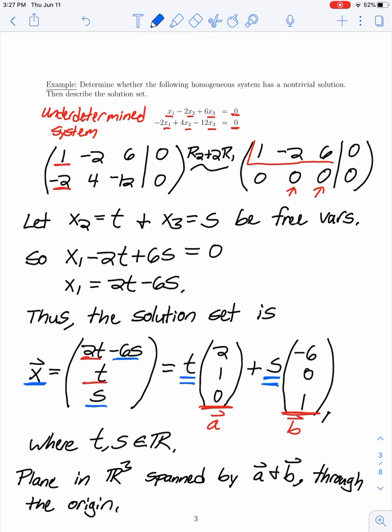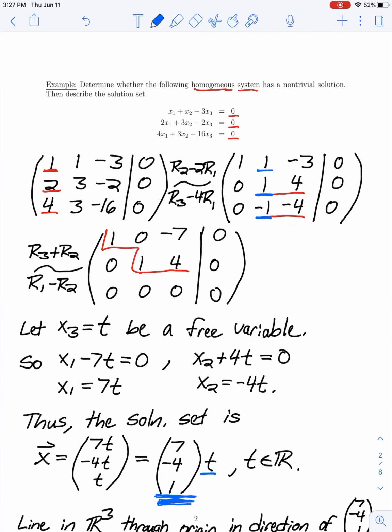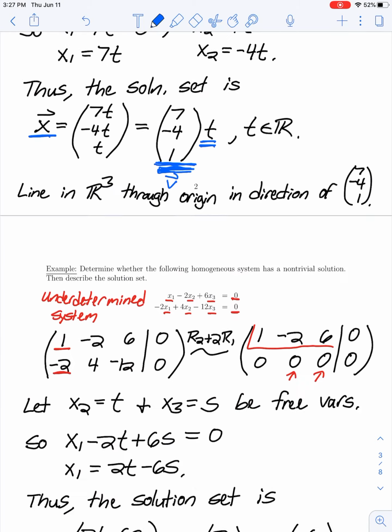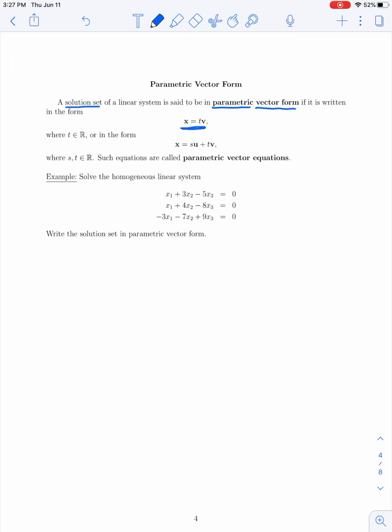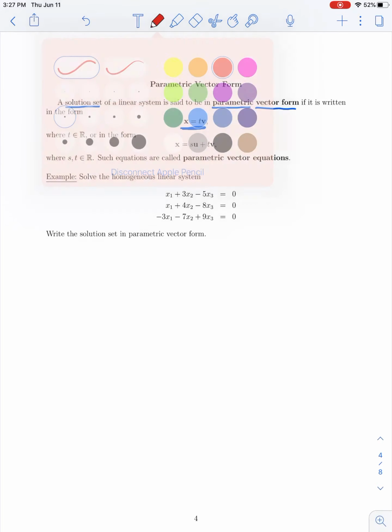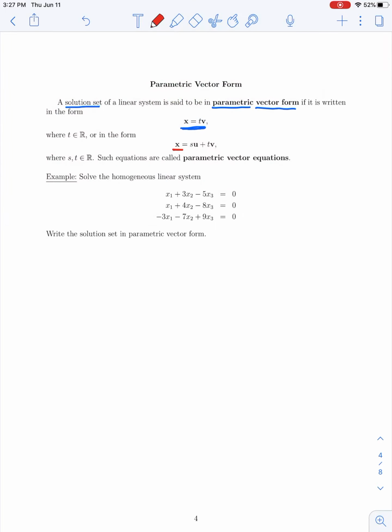So that's very similar to what we saw in this first example, our solution set X was equal to some vector V times our parameter T. Or if we could write this in the form, X as a vector is a linear combination of two vectors U and V with weights given by S and T, where S and T are any real numbers, so free variables or parameters we might call them.